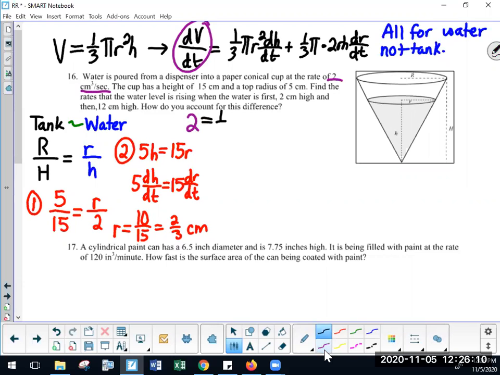Then we've got 1/3 times pi times the radius, which is 2/3 squared, times dH/dt. Remember, dH/dt is what we're solving for.